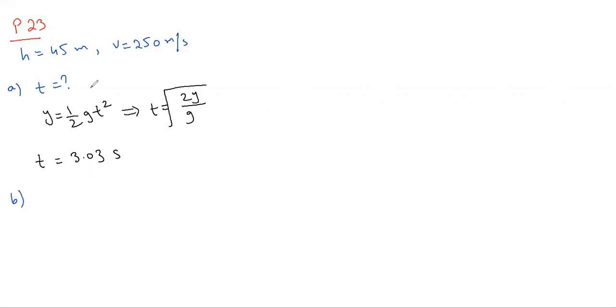And you have to find the horizontal distance from the firing point to the striking point, and this will surely be the range of the projectile. The range of the projectile is just v naught x multiplied by t. So this vector is 250 multiplied by 3.03. So range will just be 29.7 meters.